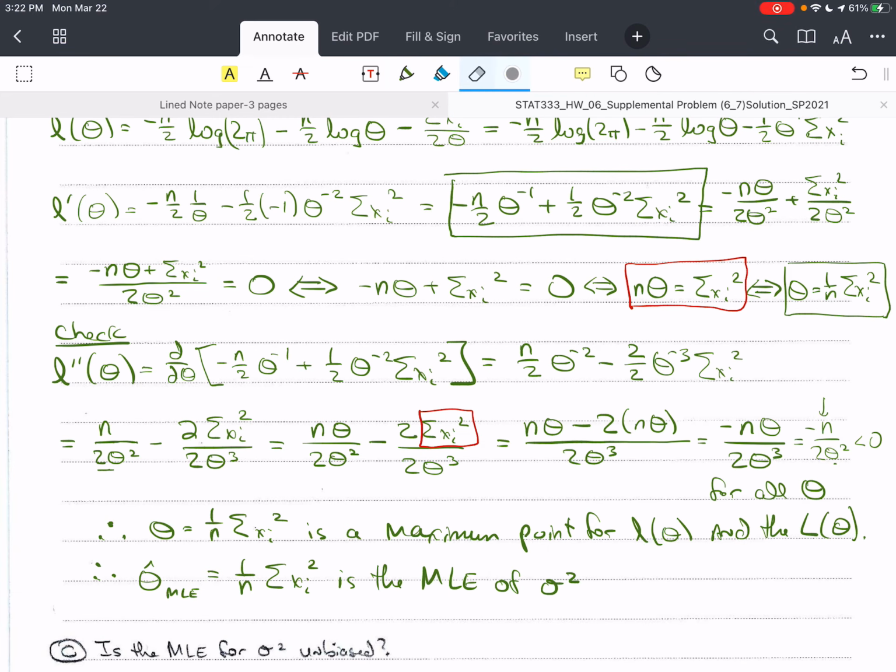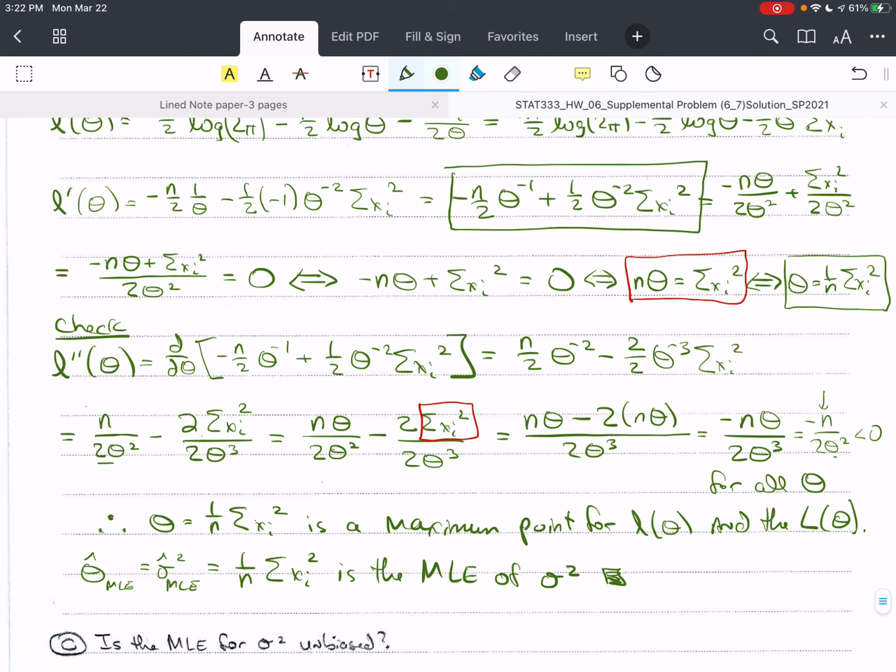Actually, I'll rewrite this just to be clear that θ hat MLE equals σ hat squared MLE. So that's the MLE of σ squared.